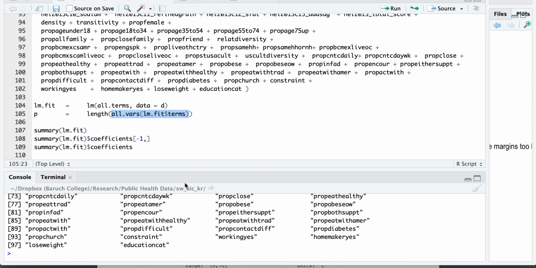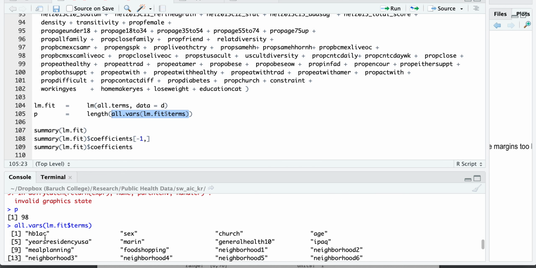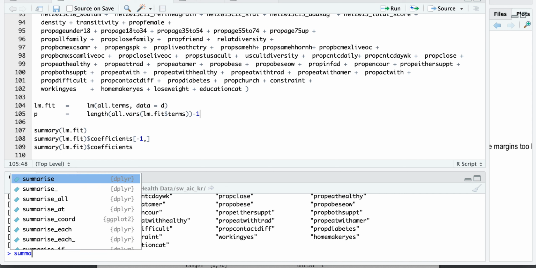Okay, so these are all the variables, including the response, but since one term is always the intercept, it's essentially minus one, if I want to be precise. And let's look at the LM fit summary.